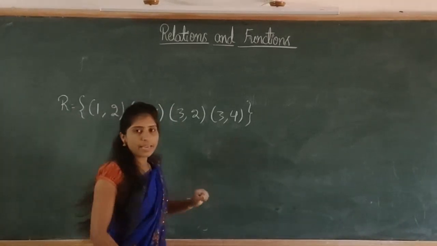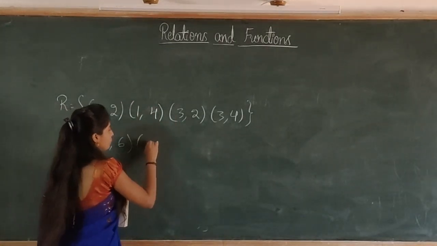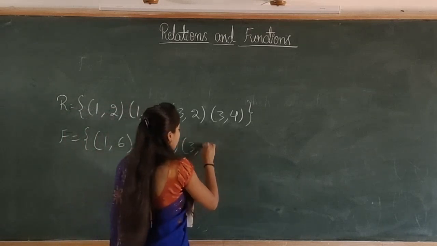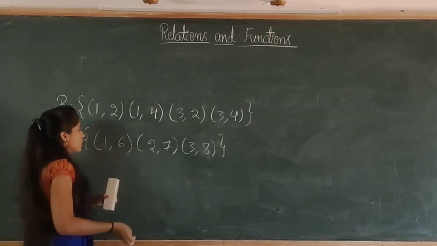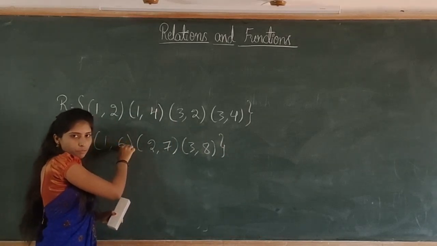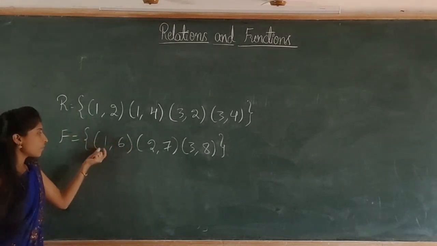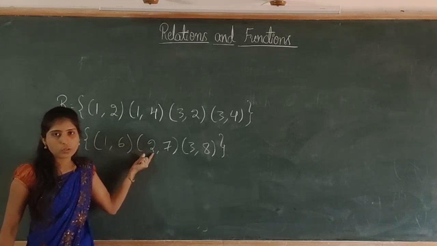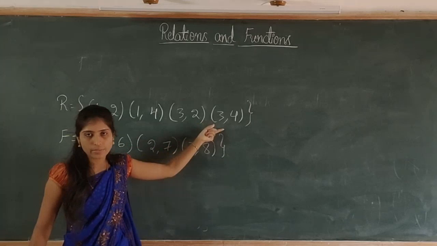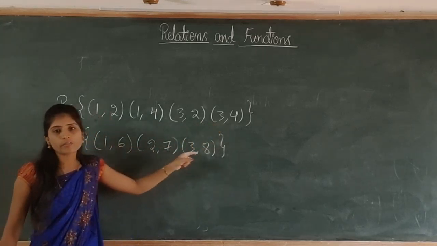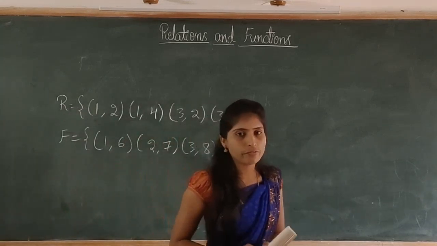But in a function we see one and only one image. In a function, the first elements should be different, but in a relation you can see the same ones also, like 1, 1, 2, 2 as first elements. But in a function, they should be different from one another. This is the difference between relation and function.